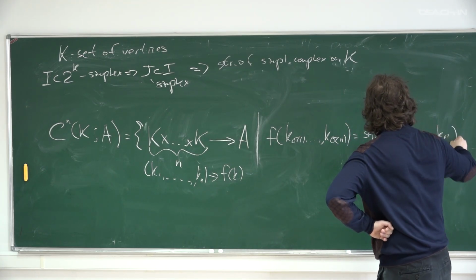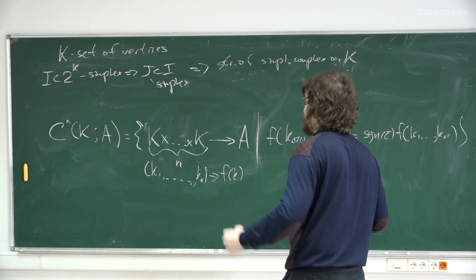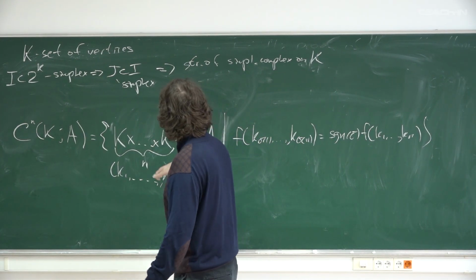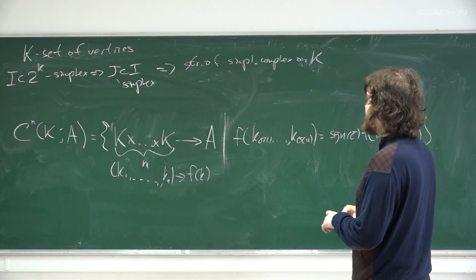Yes, we have some simplicial complex, abstract or maybe geometric, a finite complex. And these are simplicial cochains.